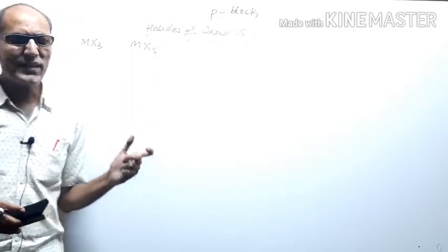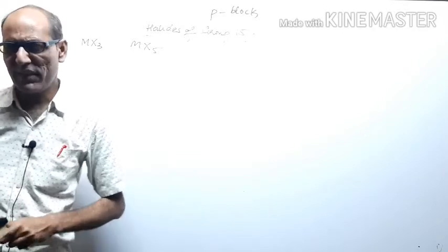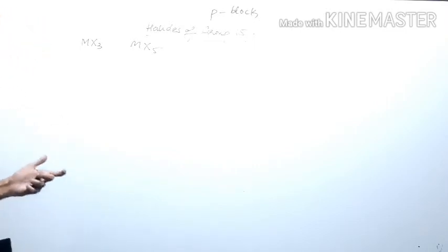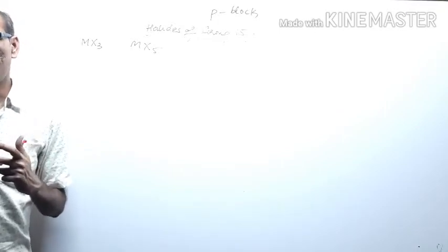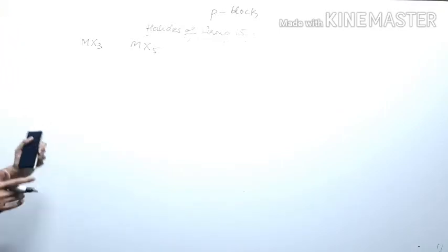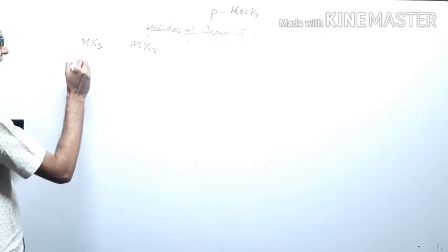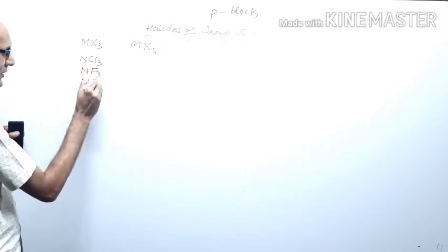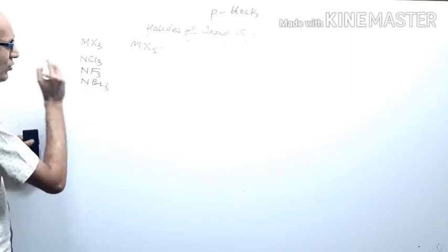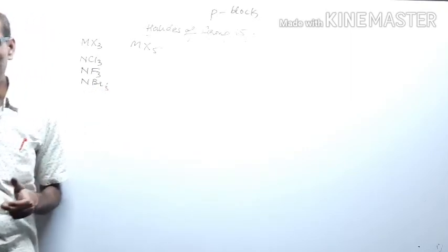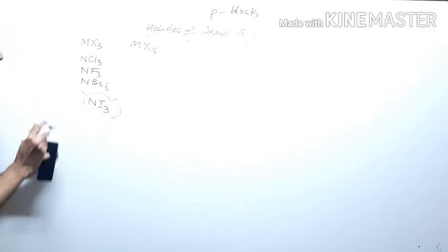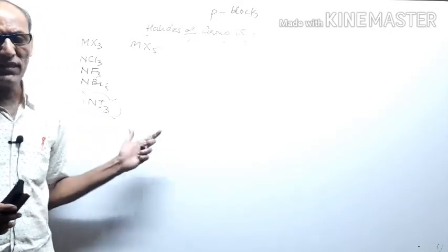MX3 means trihalide, while MX5 means pentahalide, where M is the group 15 element like nitrogen, phosphorus, arsenic, etc. Nitrogen is the first element and it cannot form pentahalides. It can form only the trihalides like NCl3, NF3 and NBr3. And dear student, I want to inform you of one more important thing, that the existence of NI3 is not possible. That means the trihalide of iodine with nitrogen is not possible.